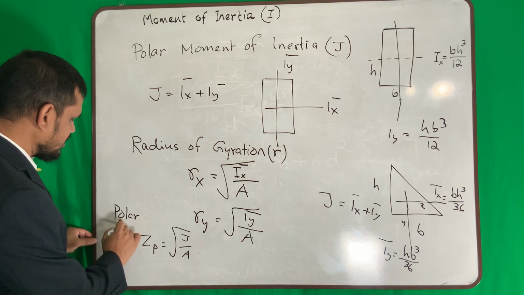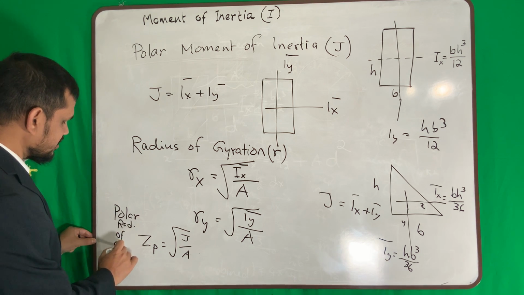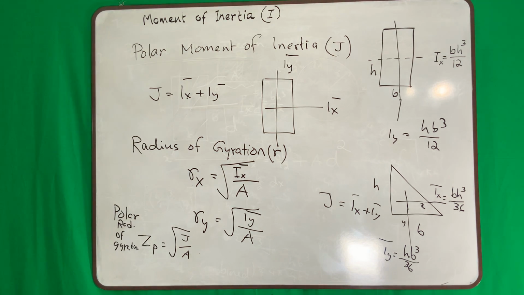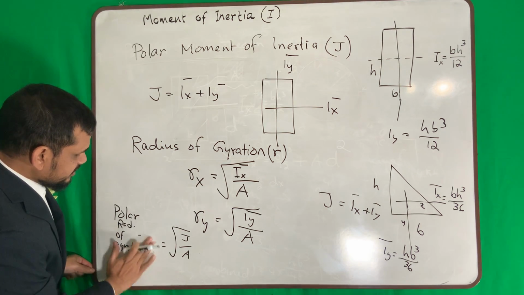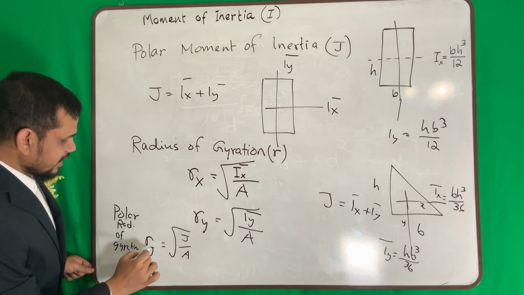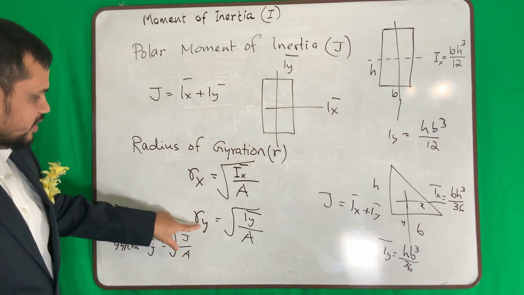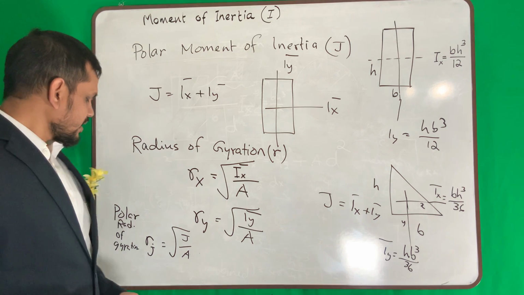Now, coming back, in your book they used rz, radius for x, radius for y, radius for z. So your book used rz.